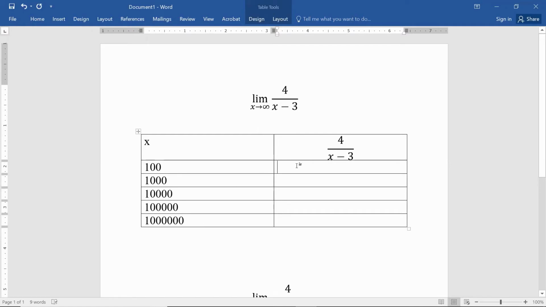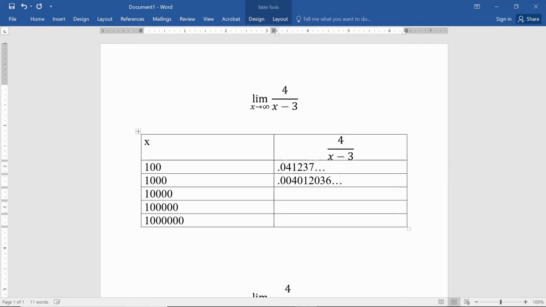Then I plug it into the expression 4 over x minus 3. If I plug in 100, I end up with about 0.041237, blah, blah, blah. If I input 1,000, I end up with 0.004. I might just round these to a couple of significant digits as I start.